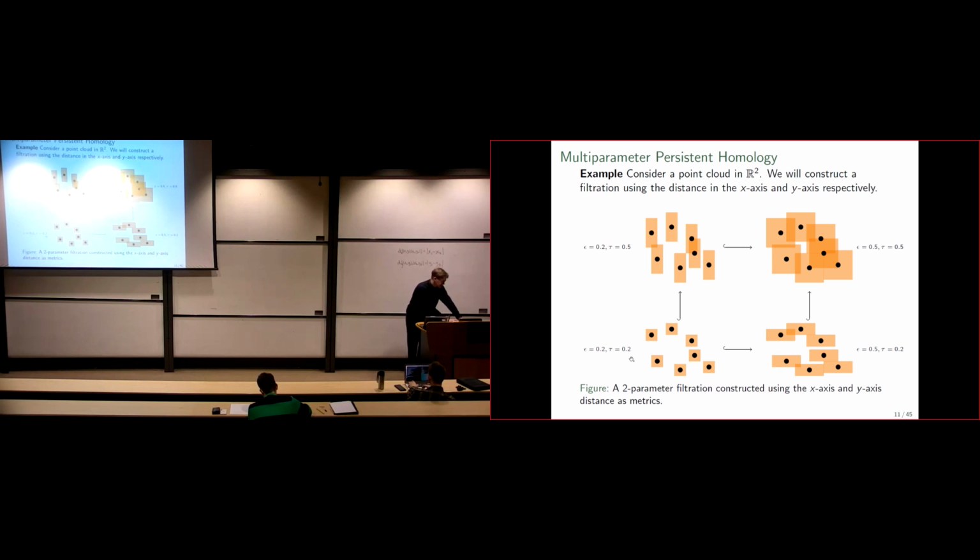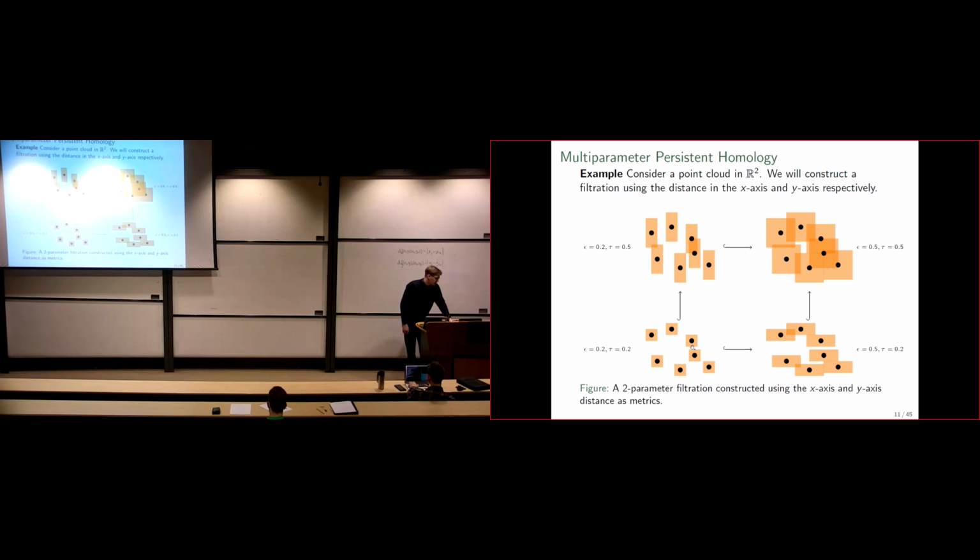Since epsilon and tau are equal, we get squares around our points, because what's included in these squares is every point which is of x distance 0.2 from this point. So this square has a side 0.4. And the same for the y distance. So it's a square of side 0.4.